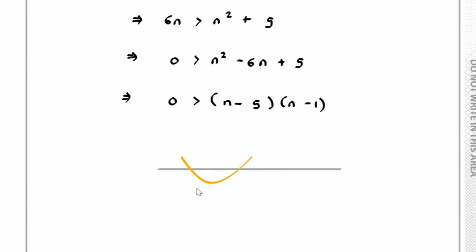I've got solutions at 1 and 5, and I want the solution where it's less than 0, which is in between 1 and 5. So n is in between 1 and 5.